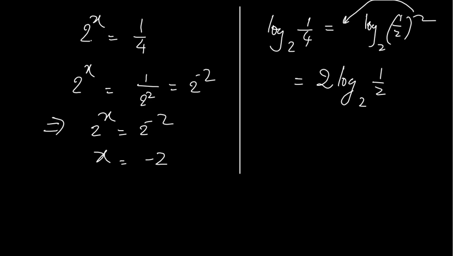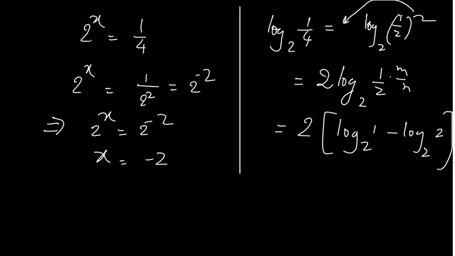Correct? Then we take this 2 and we have to put a bracket here. Log 1 to the base 2, this is m by n, minus log 2 to the base 2. Because m by n, log m minus log n.